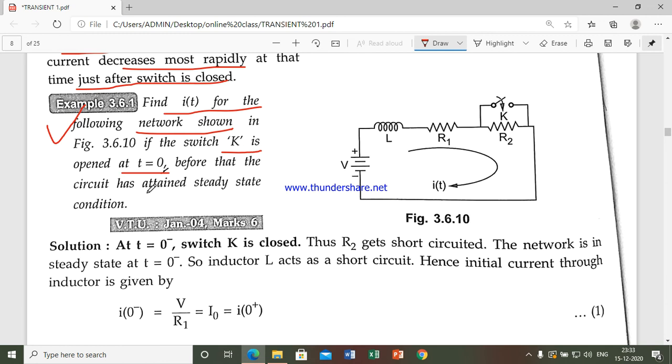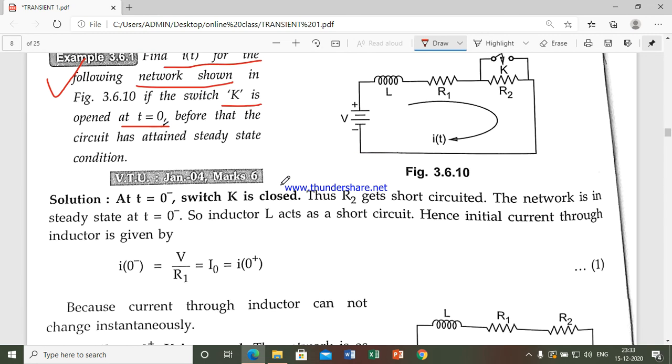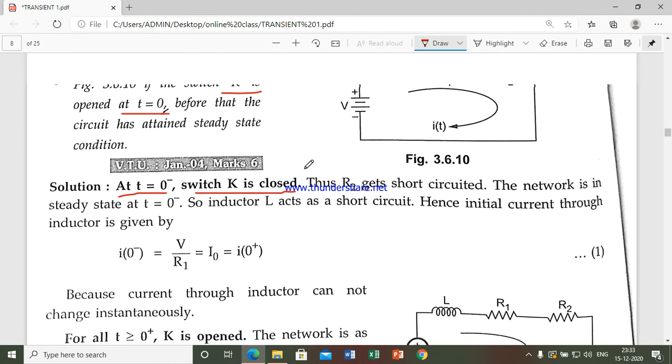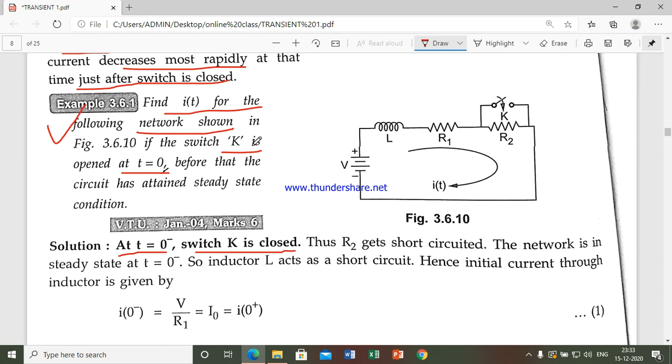Before that, the circuit has attained steady state, meaning the circuit has been charged. So we have to solve for this. At t equal to 0 minus, before operating the switch, switch K is closed.